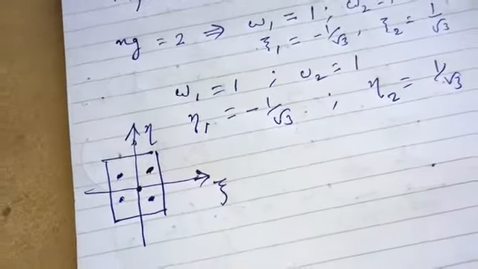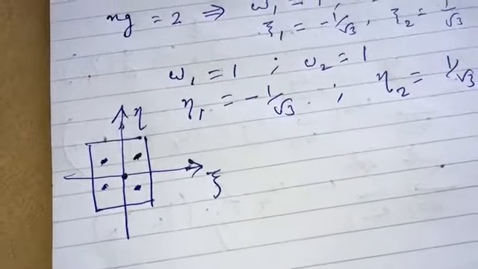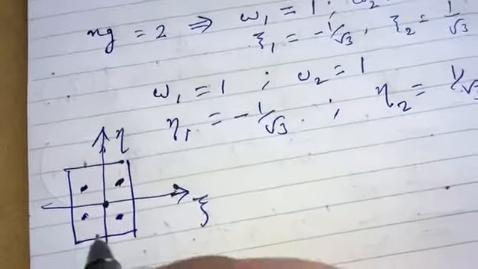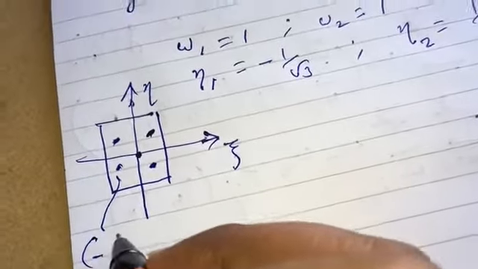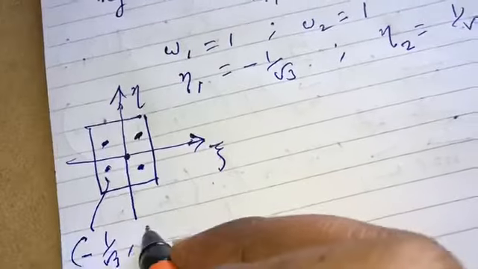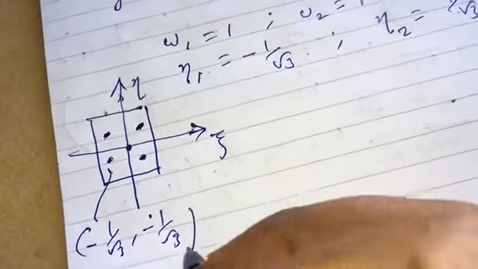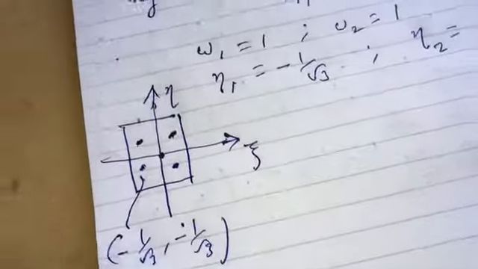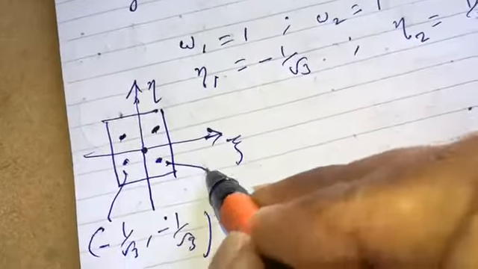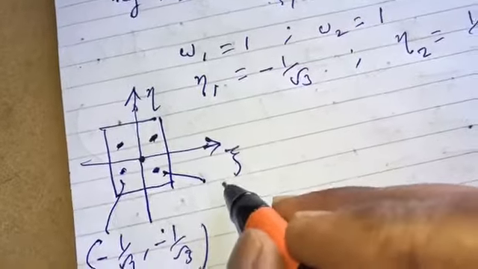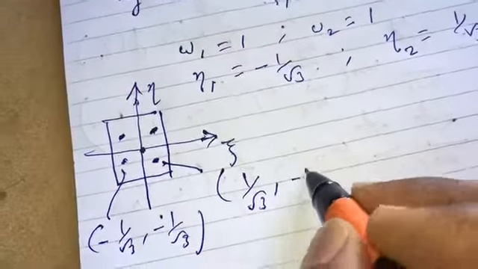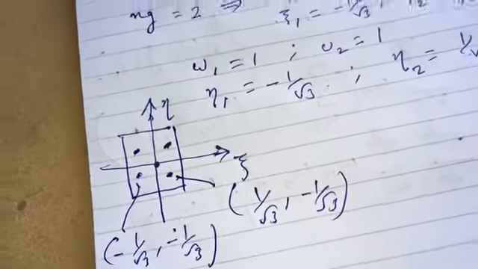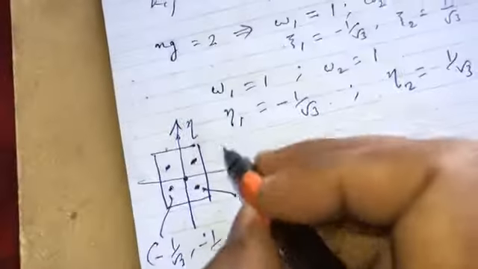That is what it means. So, this point, minus 1 over root 3, minus 1 over root 3, will be the first integration point. The one here is basically 1 over root 3, minus 1 over root 3, the second integration point.